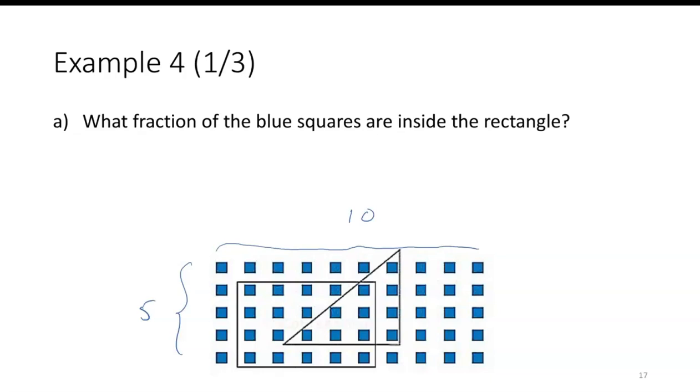So that would mean there are 50 squares overall, and that would be my denominator. As for the rectangle, there are 1, 2, 3, 4, and 1, 2, 3, 4, 5. So 4 times 5, 20 of them are inside the rectangle. And that reduces to 2/5.